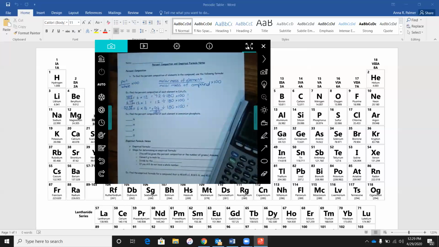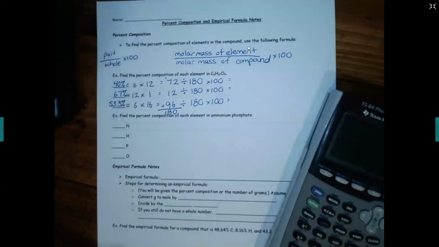And all your percentages should add up to equal 100%. And you'll notice that they do. Now, sometimes it's okay, like if you get 99.9, that's fine. It's not always going to be exactly 100, but it should be close.